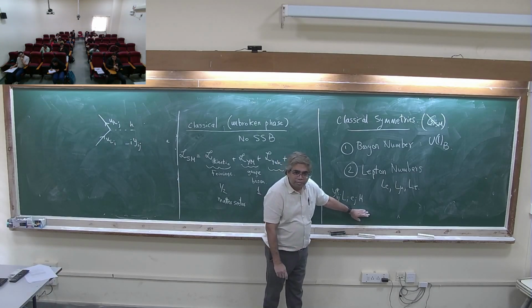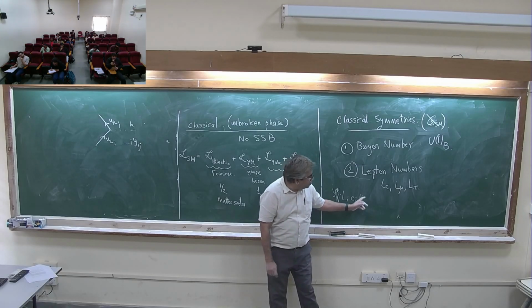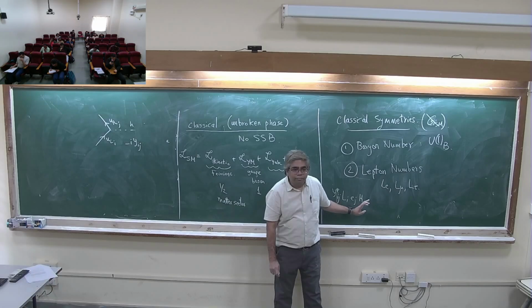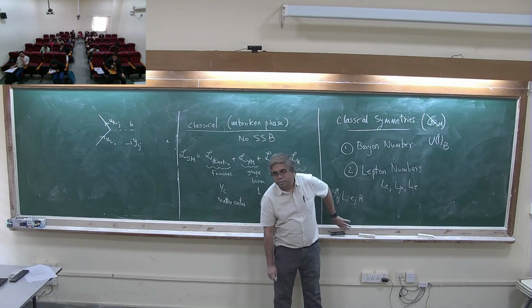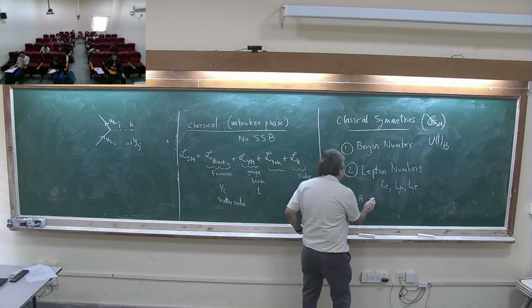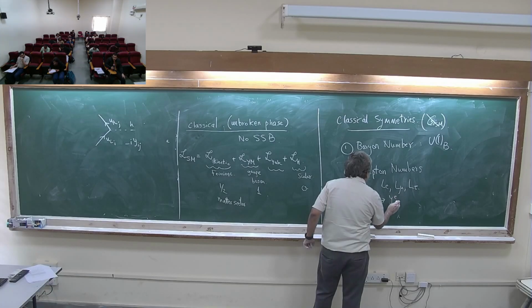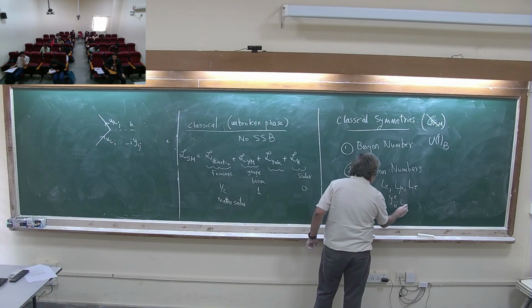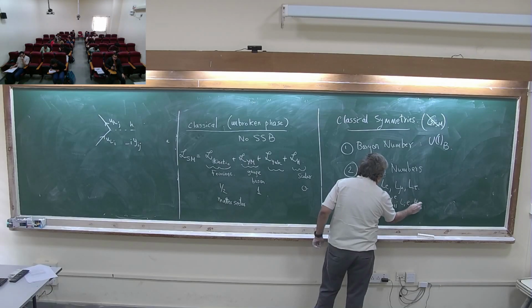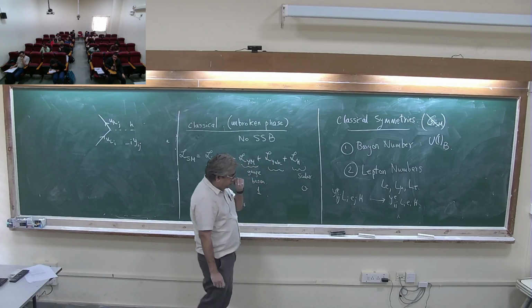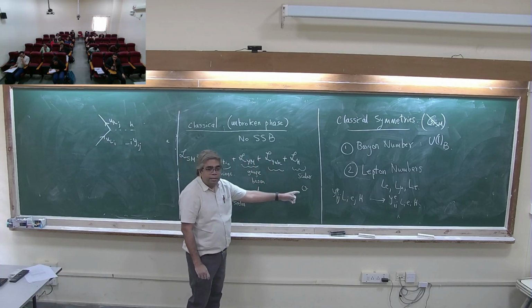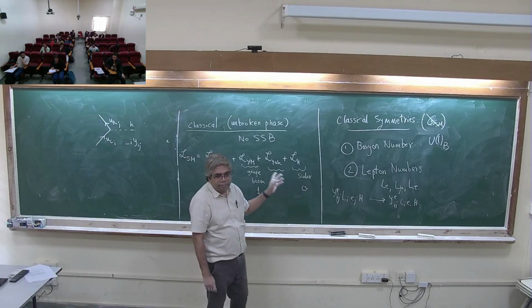For leptons, there is no other mass matrix, so you can always have a rotation such that this always can be diagonalized. So the kinetic terms and this can be simultaneously diagonalized.